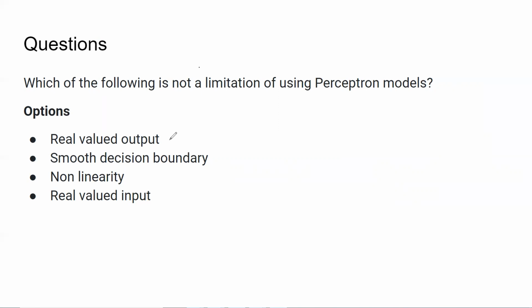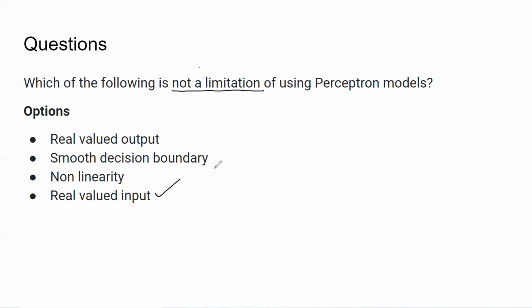Which of the following is not a limitation of the perceptron? Real valued output is the limitation of the perceptron. No, I'm saying real valued input. Oh, real valued input. Non-linearity is a limitation of the perceptron. I'm asking which is not a limitation. Okay, not a limitation. The answer is this one.